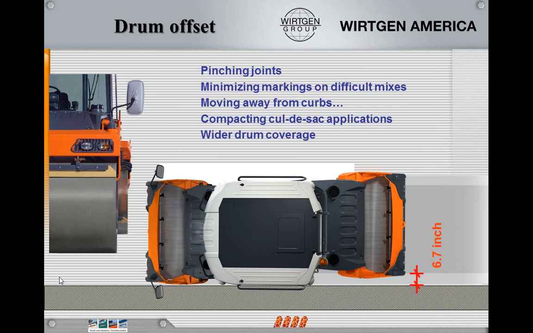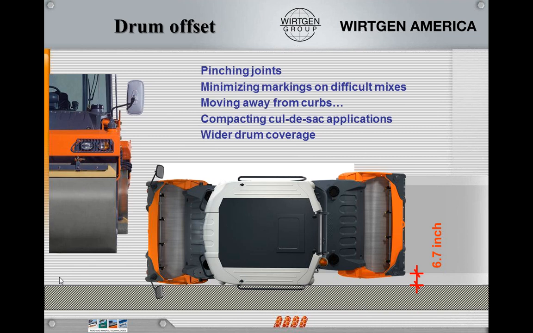When we talk about offsets, a lot of rollers, I know our HD Pluses will offset about 6.7 inches. They're great for pinching joints, doing unsupported edges. If you have a mix that has a tendency to be a little tender and mark up a little bit from rolling, we can offset those drums a little bit to reduce the amount of cutting that it's doing.